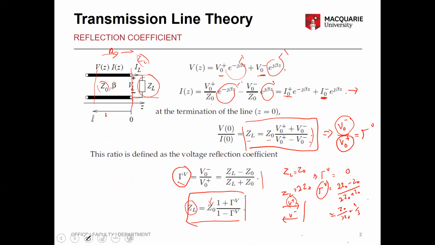You can also find the current reflection coefficient, defined as I minus divided by I plus. What you will find is that the current reflection coefficient is the negative of the voltage reflection coefficient. So it just has a reversed sign.